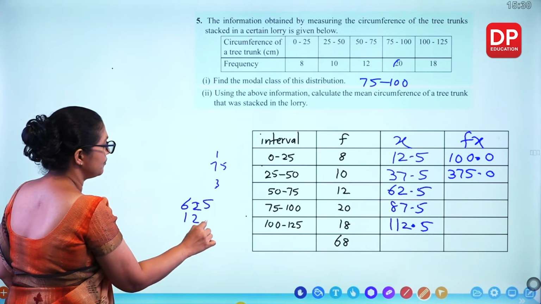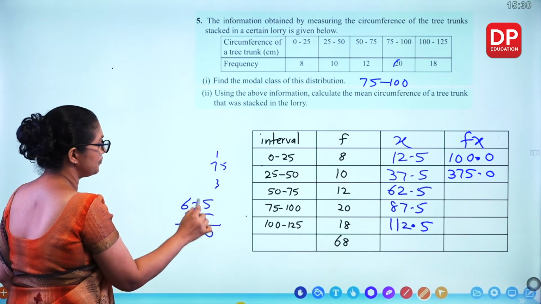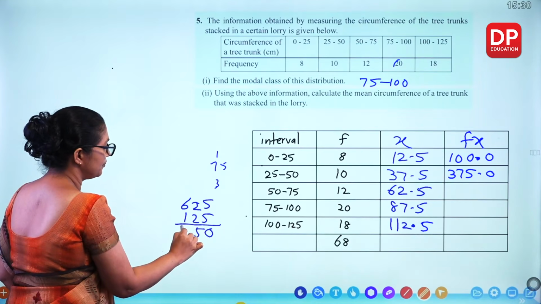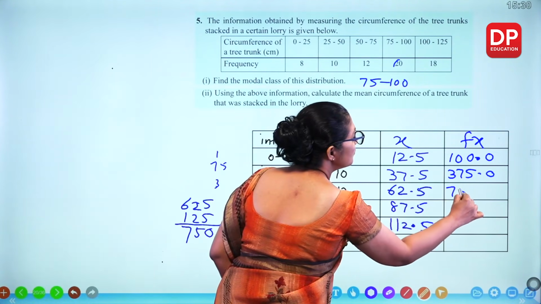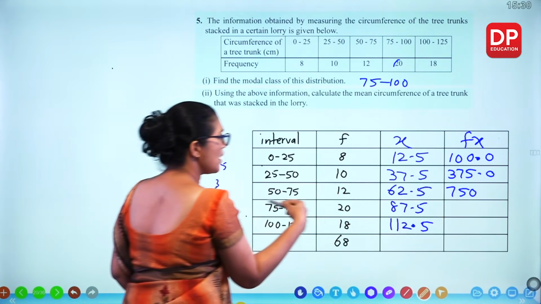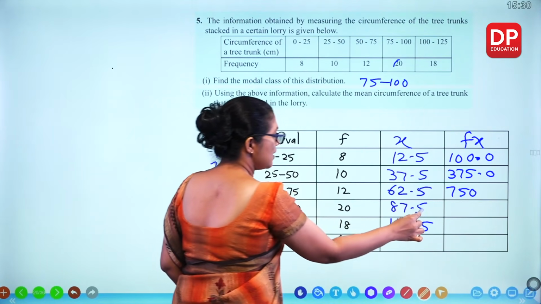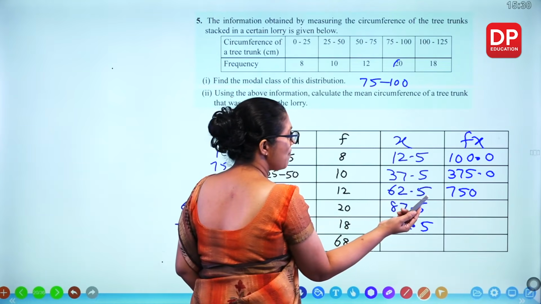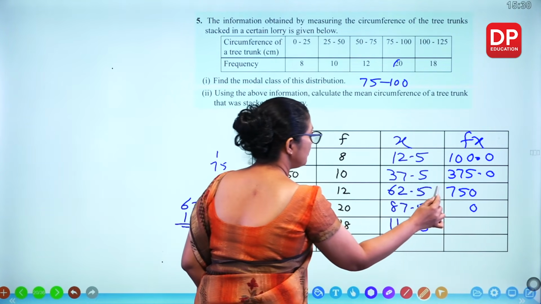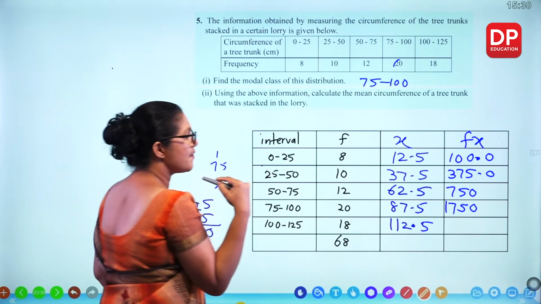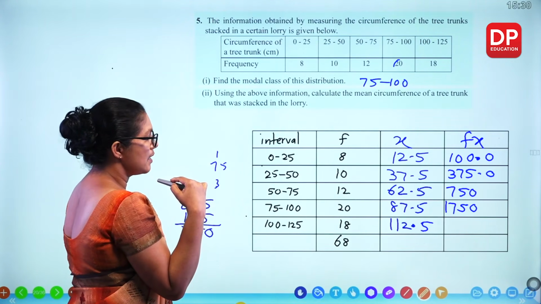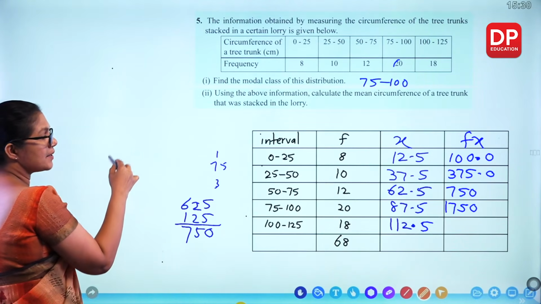you get 125. When you add it together, 750. This one, move 1 decimal place and multiply by 2. 1750. Multiply by 18.